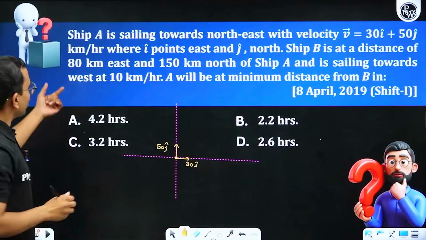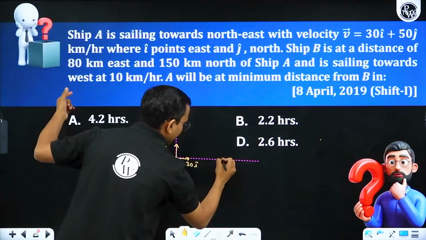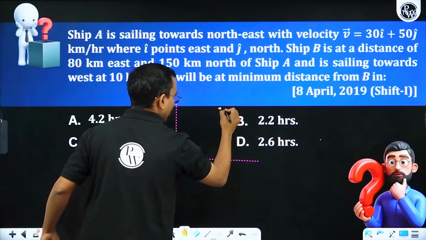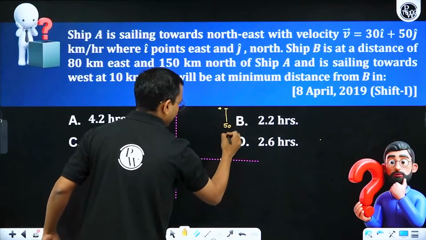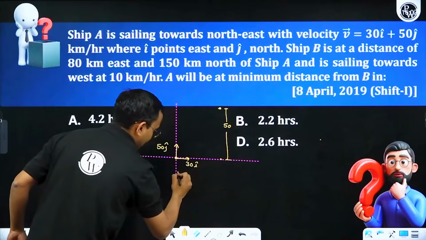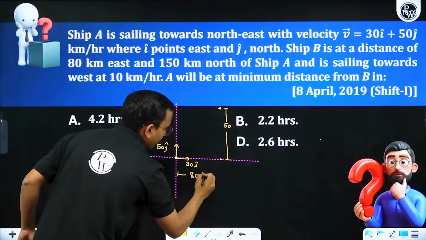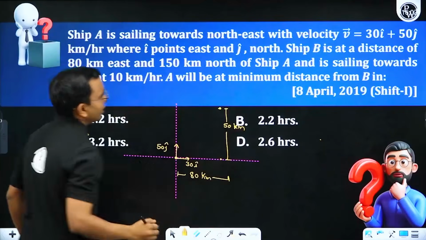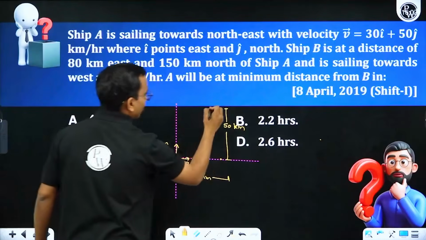Ship B is at a distance of 80 km east and 150 km north. This is 150, and this is 80. And it is sailing towards west with 10 km per hour.